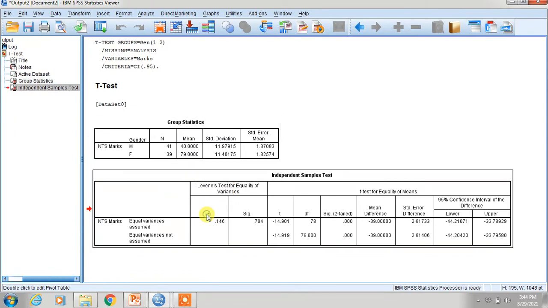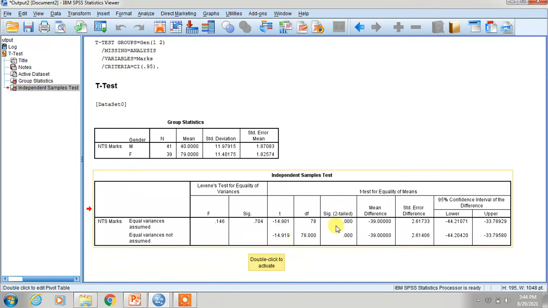Now come to the independent sample t-test table. First of all you are supposed to consider whether this is significant or not. If this is insignificant, then you are supposed to consider the first row. Now you can see the significance value, which is called the p-value.